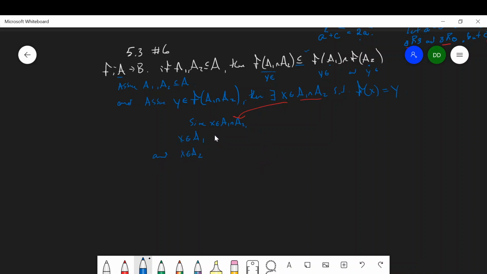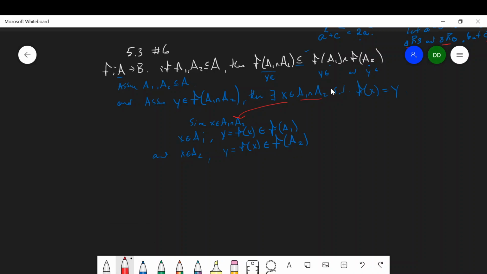So since x is in A1, y equals f of x is an element of f of A1, because y is an image of something that's in A1. And on the other side, x is in A2, so y is the image of x, and x is in A2, so y must be in the image of A2.